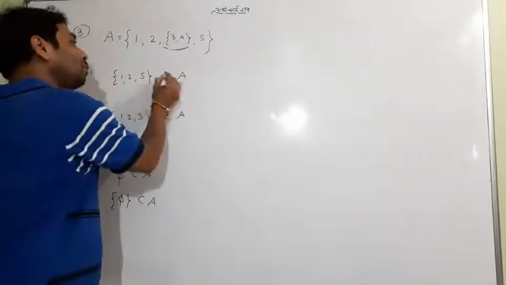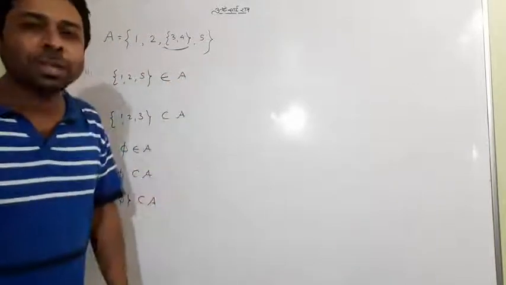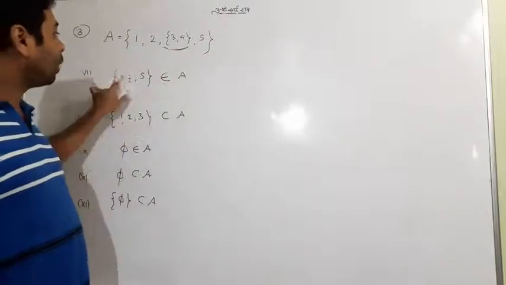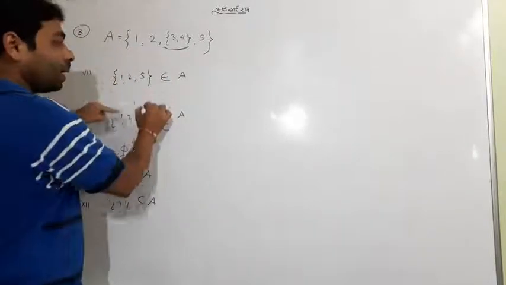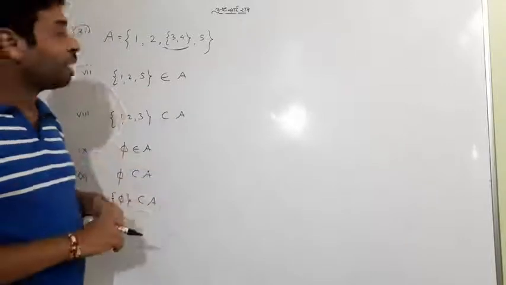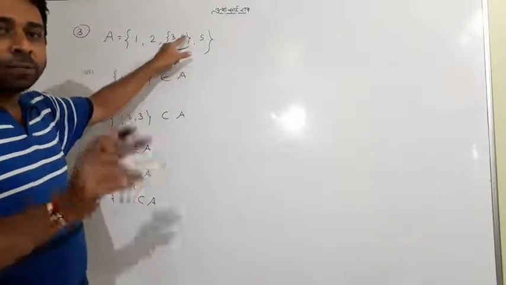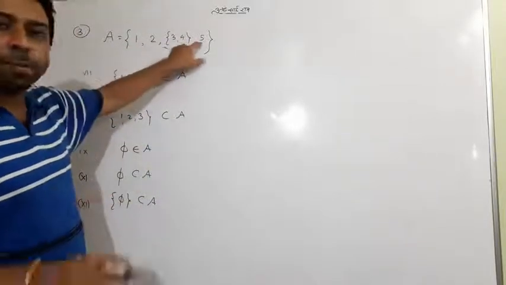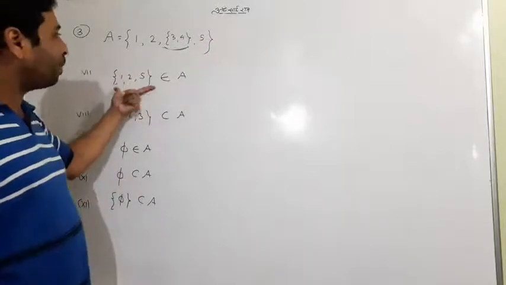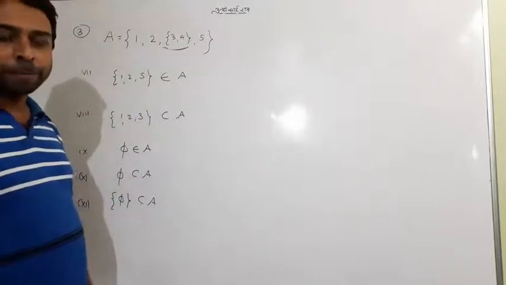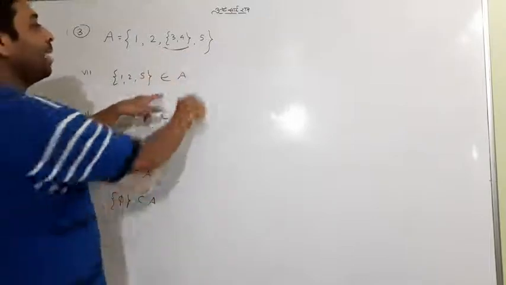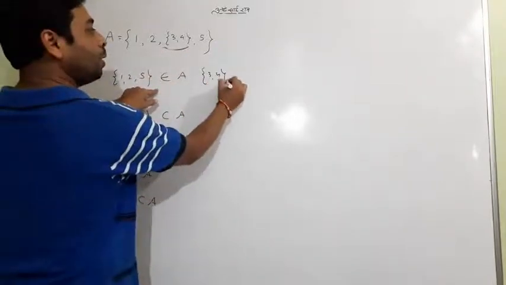But if I ask you belongs to, it's a false sentence, because this time {1 to 5} in curly brackets complete must be an element of whole A. It is not so, because the same element must be there. Like {3, 4}: does it belong to A?